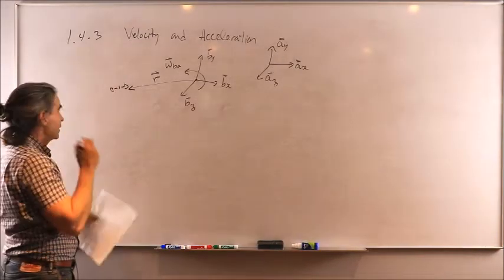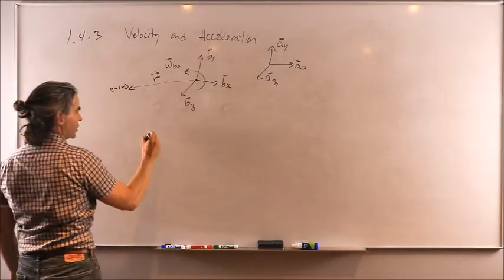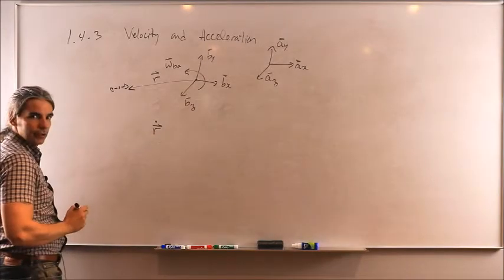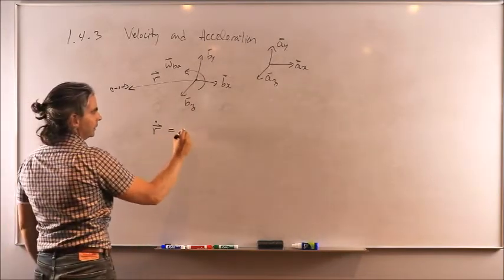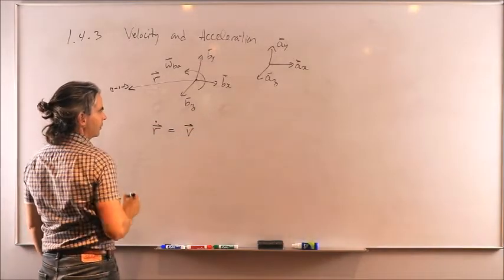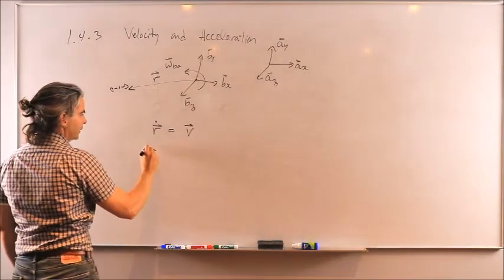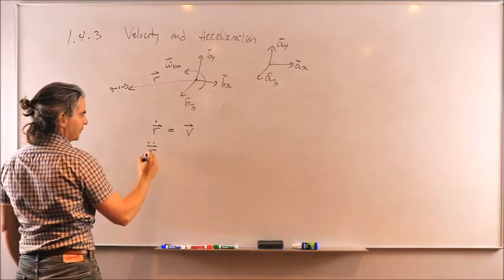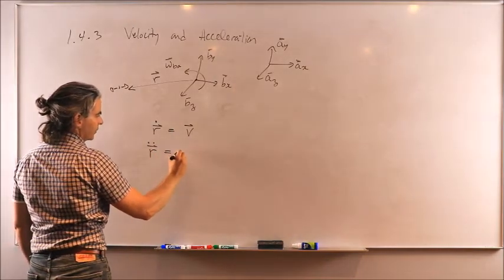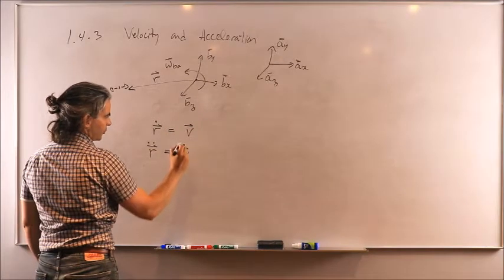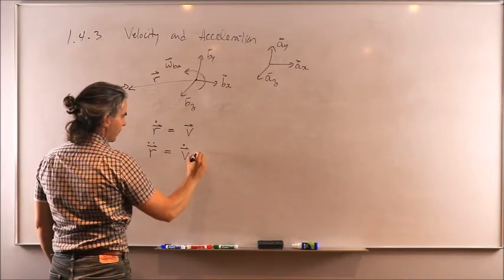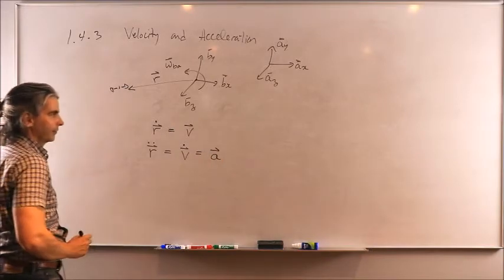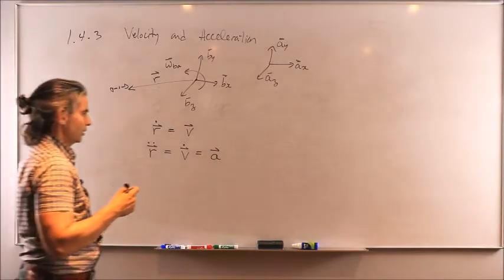So our objective in this section is to obtain an expression for the inertial derivative of the position vector, which happens to be the velocity vector, and also to obtain the double inertial derivative of the position vector, which is the inertial derivative of the velocity, which is simply the inertial acceleration. All right, so let's do it.